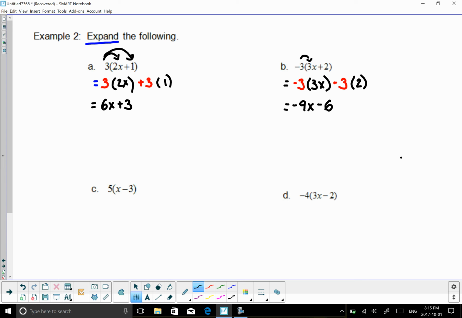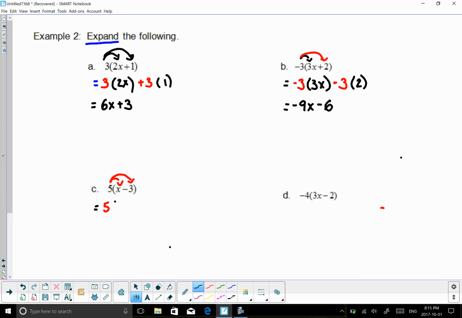Notice with this one and this one, these are not like terms, so I can't add negative 9x and negative 6 because this is x's and this is just a number. They're not like terms. So I can't go any further. Now I'm going to multiply the 5 by the x. So again, I'm distributing each one. So the 5 times x and the 5 times the negative 3.